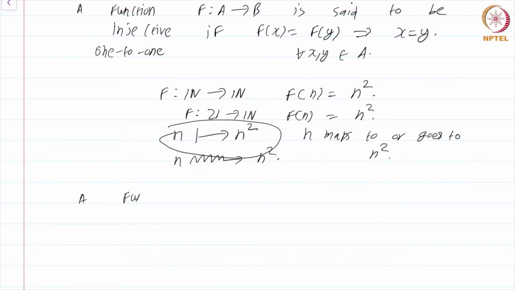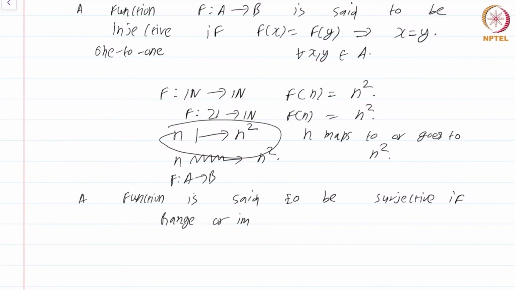A function is said to be surjective. Again, a function f from A to B is said to be surjective if the range or image of A is B. Okay.